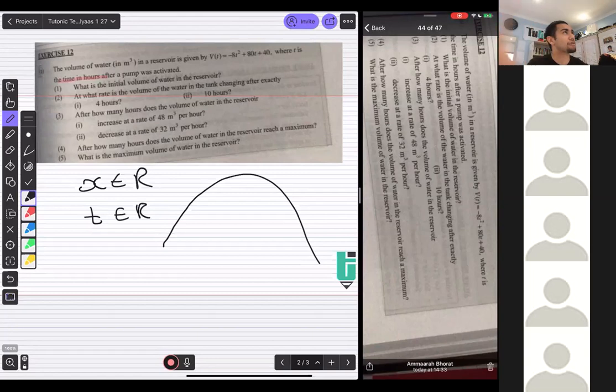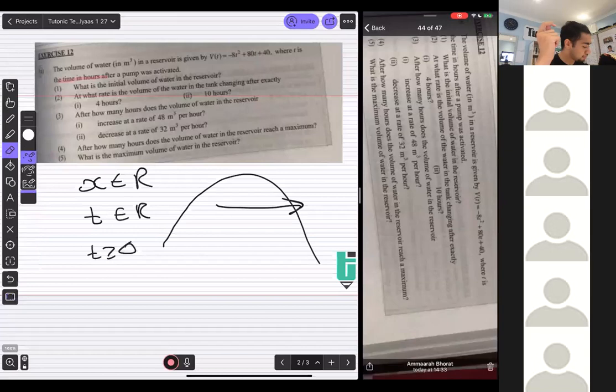Why? Because time can't be negative. So in this graph, the domain would be T is greater than or equal to naught. Are we happy? Yeah. T is greater than or equal to naught. But in general, the parabola is x is an element of the real numbers. But obviously, if you just think about it, T can't be negative. So in this case, it's going to be like that.